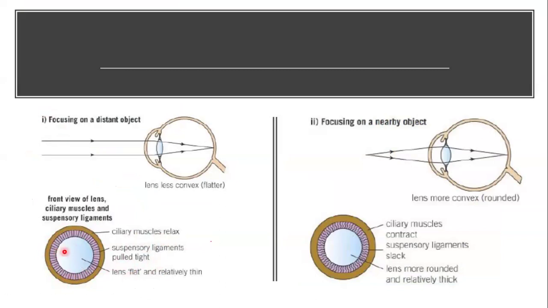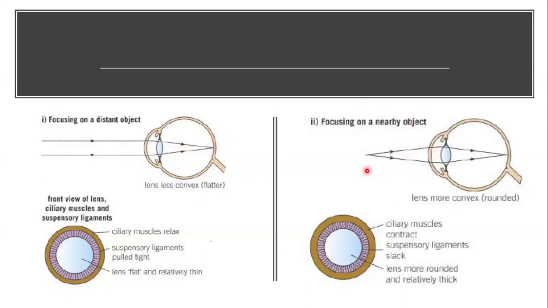And as a result, your lens is going to become thin. When your lens is thin, it's going to refract the light less. We are going to study refraction in physics. Since it's going to refract the light less, it's going to allow the light rays to focus properly on the retina and you can see the image clearly.